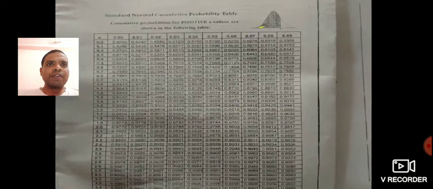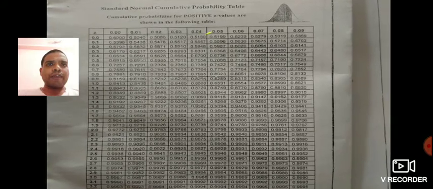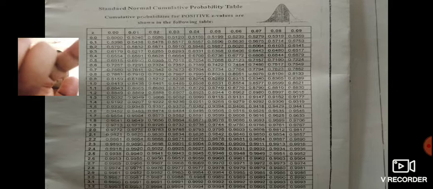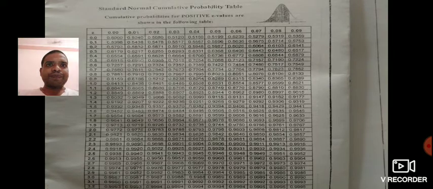In the Z column we can see the value 1.4. The next digit is 1, which we call 0.01, and you can see it in the third column, 0.01. So Z is 1.41: after the decimal point, 4 is there in the Z column, and after the 4, 1 is there.